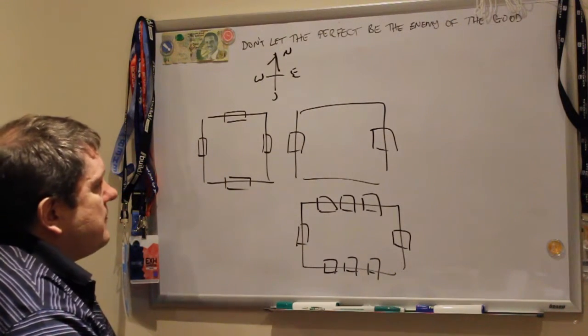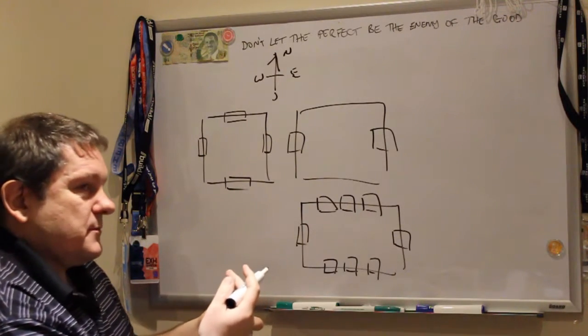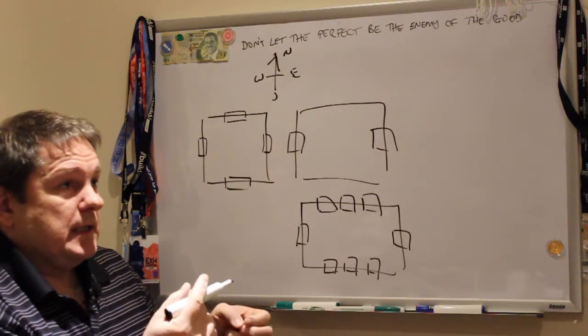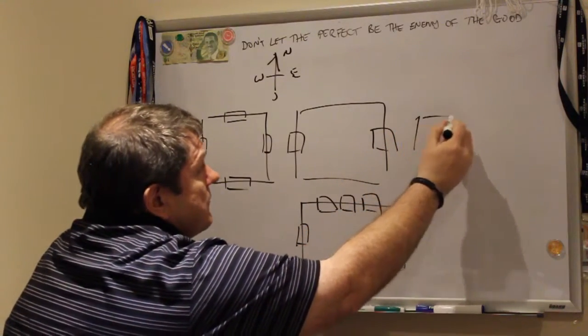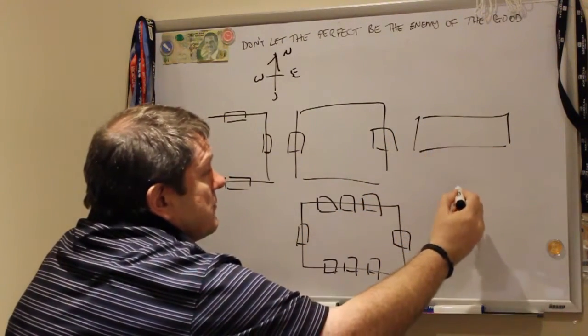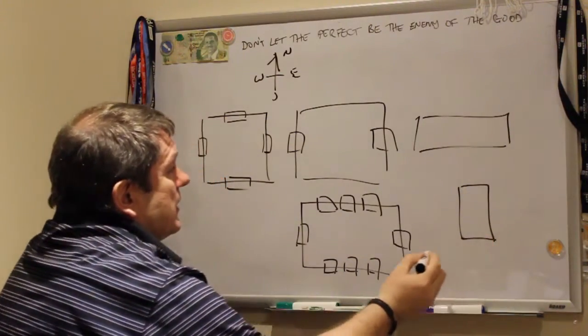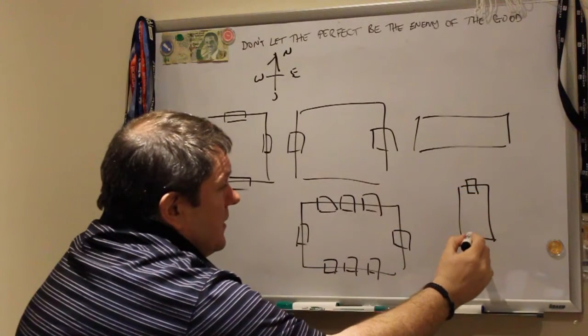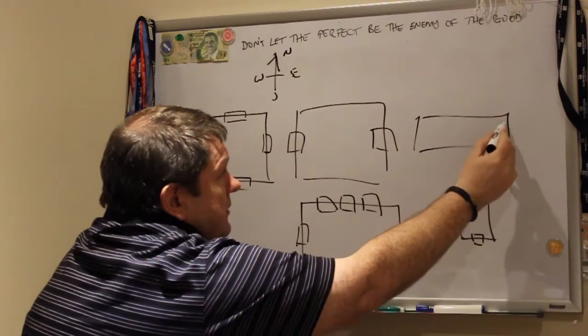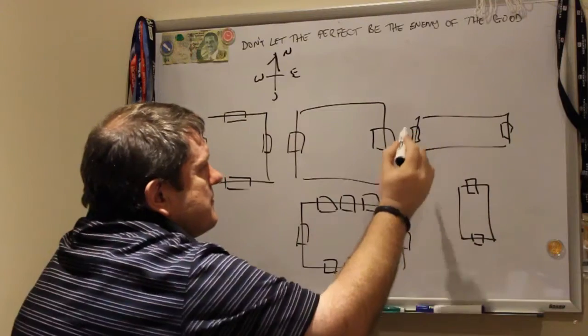Now, some of the rooms are square shaped and some of the rooms are rectangular shaped. So some have this kind of look and some have this kind of look, and the other ones are the square ones that I've drawn there. And each one of these represents doors, by the way, in case it's not obvious.